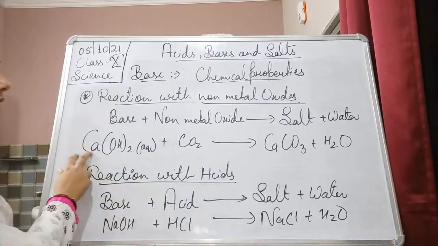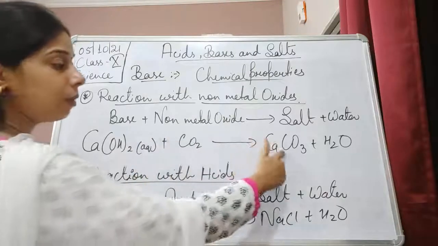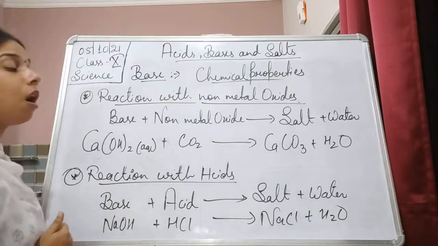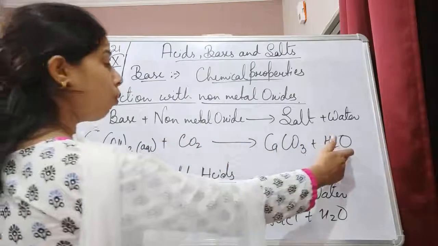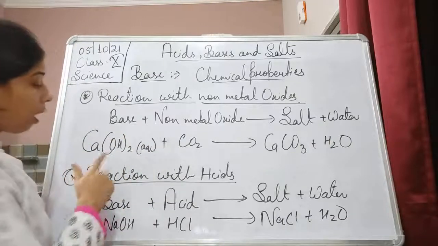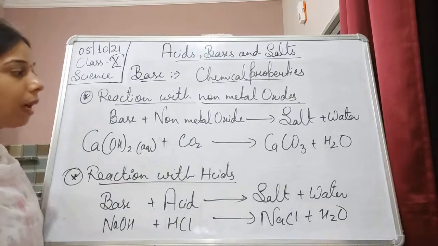Now let us see whether this reaction is balanced or not. This is one calcium, here also a calcium, so it is balanced. Then carbon, one carbon in both places, it is also balanced. Oxygen, here it is 4 and here oxygen is 2 and 2, that is also 4. Hydrogen is 2 here, hydrogen is 2. So this reaction is a balanced reaction.